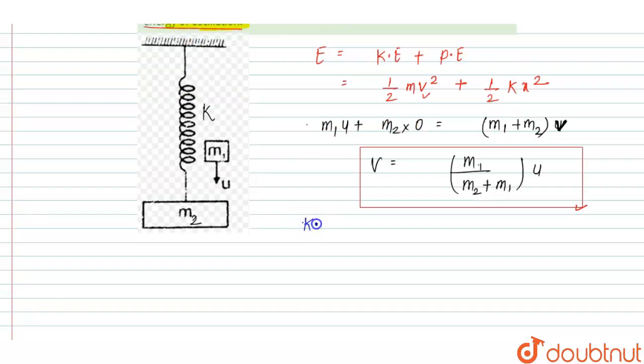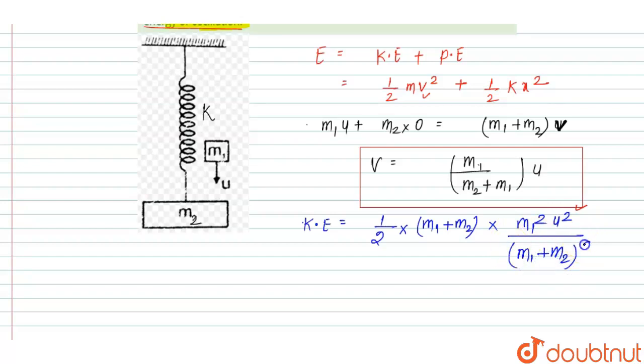Then the kinetic energy of the system is half into m, where m is the total mass m1 plus m2, into v square, that means m1 square u square upon m1 plus m2 to the whole square.